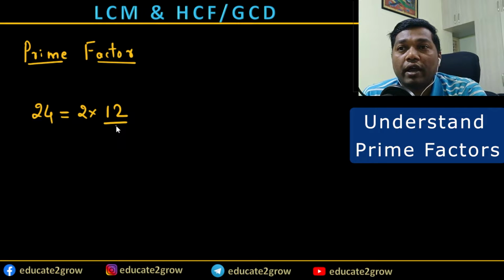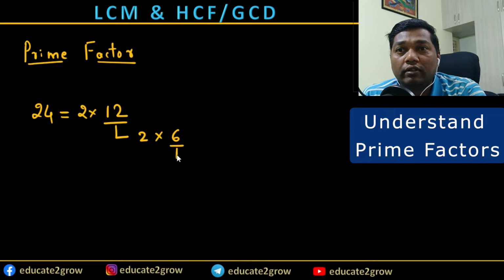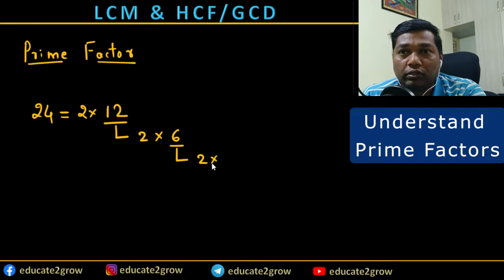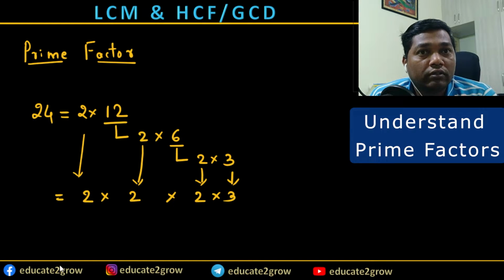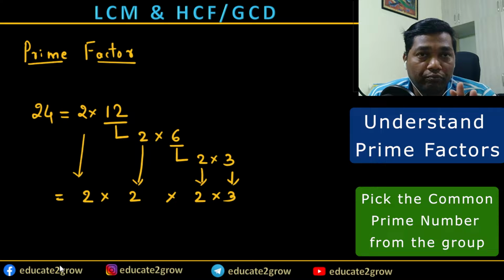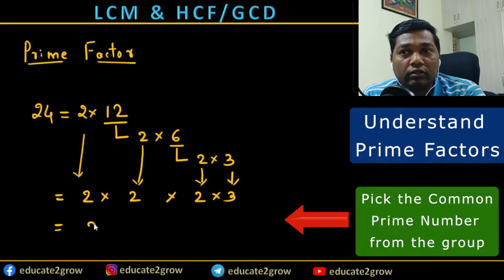Then we use 2 into 6, two factors. Then we use 2 into 3. So how many 2s are there here? Three times 2, and 3. But the distinct ones are only 2 and 3.